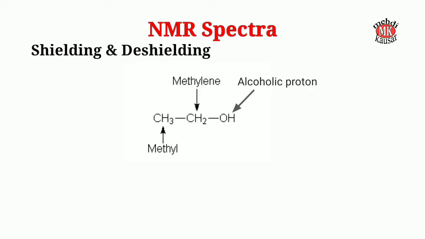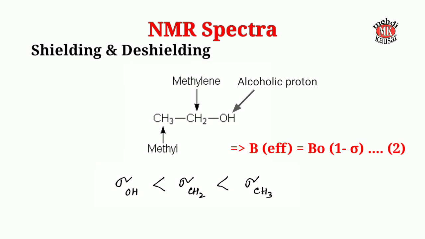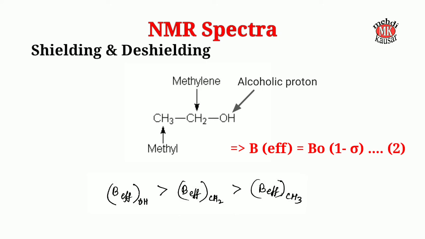Hence the shielding constants for the three groups in ethanol are sigma OH less than sigma CH2 less than sigma CH3. Therefore, from equation 2, it follows that B effective of the OH proton is greater than that of the methylene protons, which is greater than that of the methyl protons. Therefore, the field experienced by the OH proton is greater than the methyl and methylene protons.